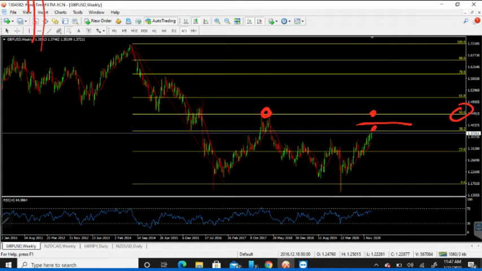So that's what I'm expecting. I'm expecting this pair to come to this zone here, so that I can take the nearest Fibo as a take profit before considering this one here, the 50.0 Fibonacci.